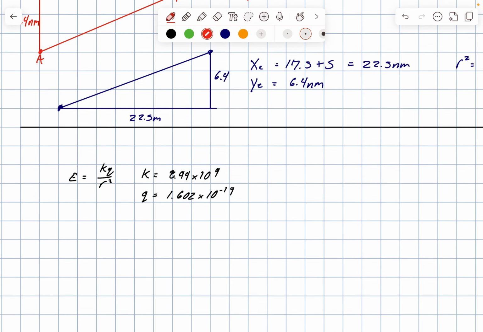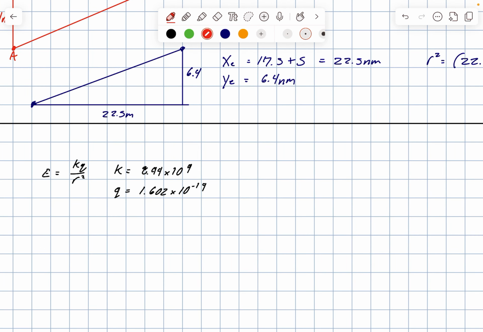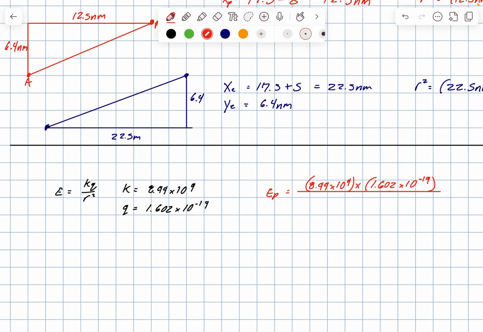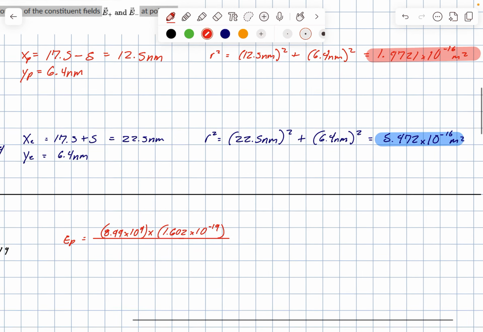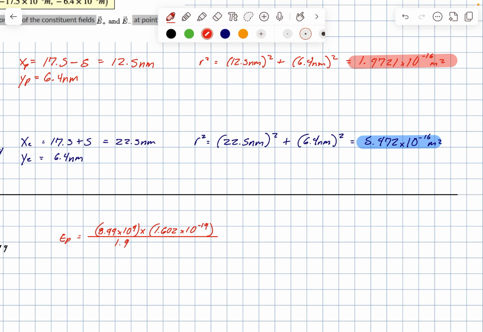Let's start first with our proton triangle. Our total electric field for the hypotenuse of our proton triangle is going to be, same equation setup, 8.99 times 10 to the 9th, times 1.602 times 10 to the negative 19th, over the r squared value that we got for that triangle, which was 1.9721 times 10 to the negative 16th meters squared.